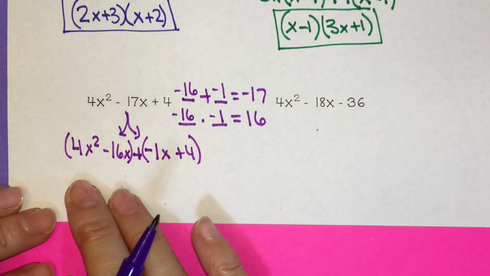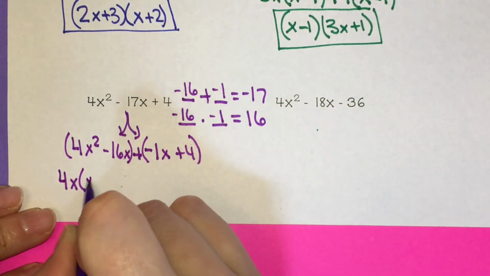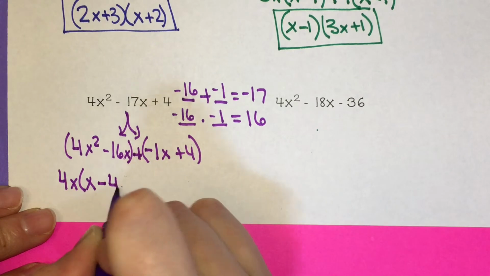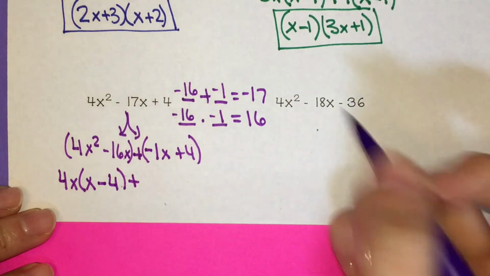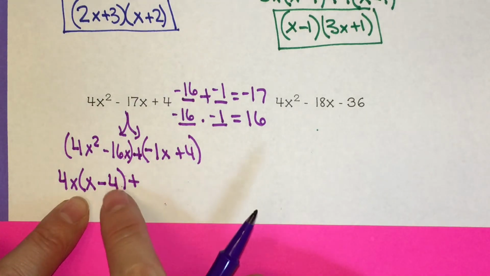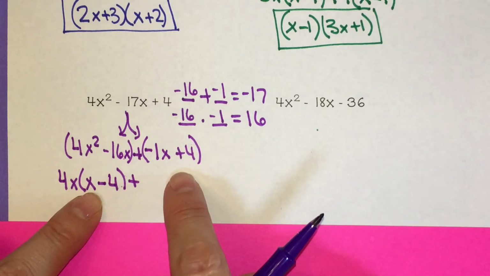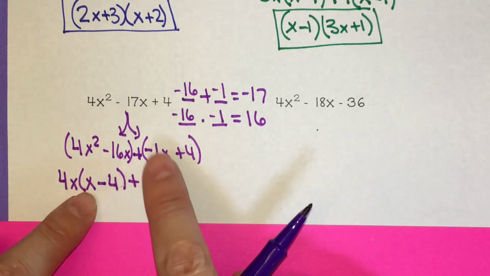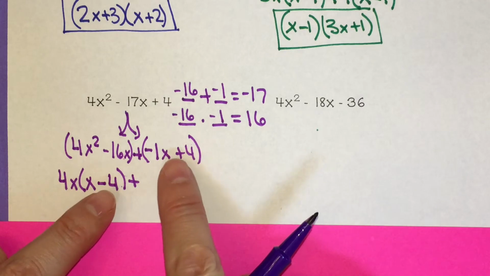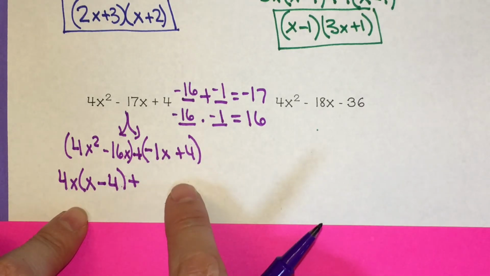The first 2 terms, I can factor out a 4x, which leaves me with x minus 4 plus. Okay, this last one's kind of tricky. I need it to be positive x and minus 4, but if I just factor out a 1, I'll have a negative x and a positive 4. I need it to be a positive x and a negative 4 over here also.